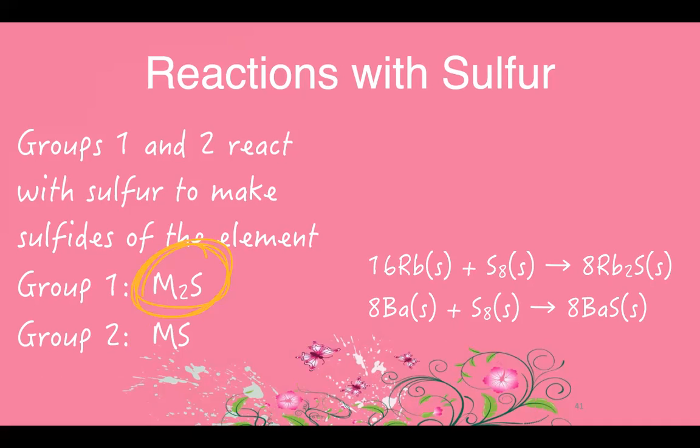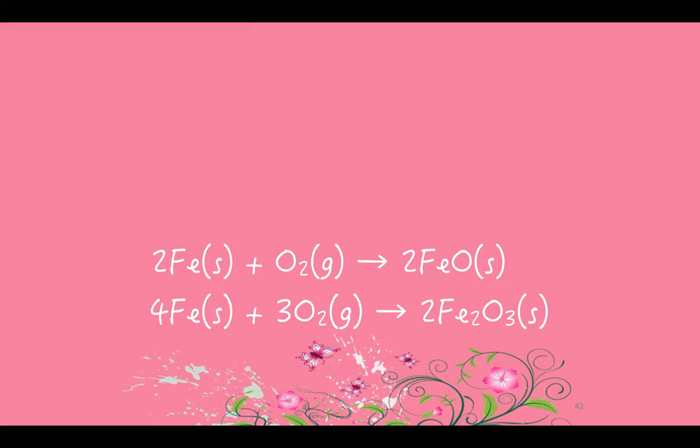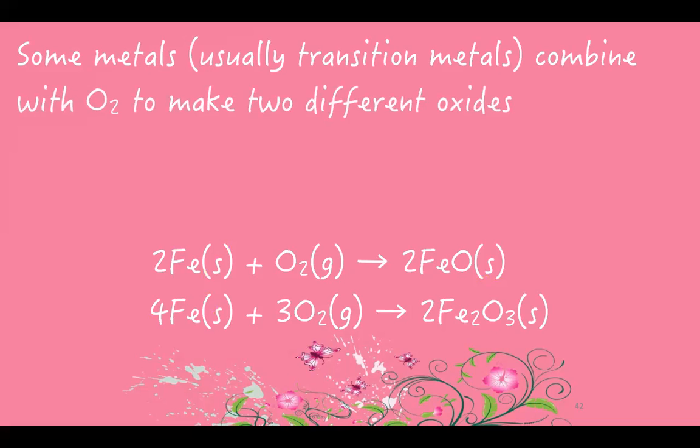Okay, so here's an example. The formula for sulfur, oftentimes it comes as S8, which is why it looks like that. But okay, some metals, usually the transition metals, are going to combine with oxygen to make at least 2 different oxides.